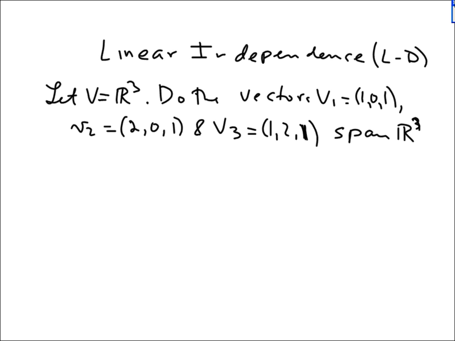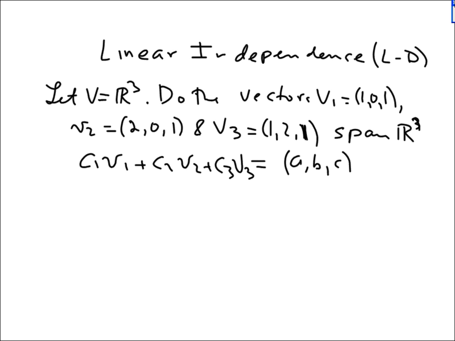Okay, so we take an arbitrary vector in R3. Call it ABC. And the question is, can this vector be obtained by taking a multiple of vector 1 plus a multiple of vector 2 plus a scalar multiple of vector 3?